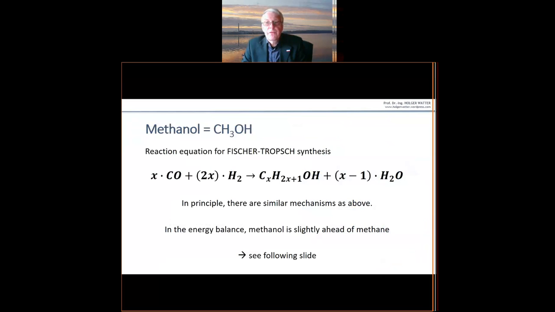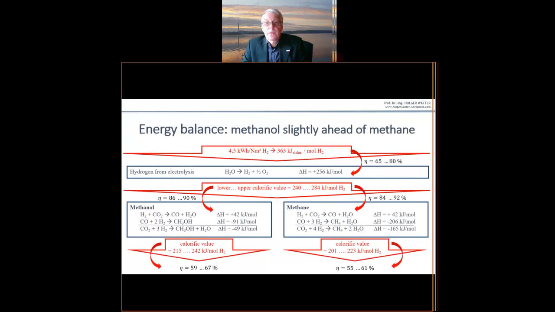Methanol reaction with Fischer-Tropsch synthesis delivers in principle a similar mechanism as above. In the energy balance, methanol is slightly ahead of methane. As a liquid fuel, however, it has a significantly higher energy density and thus shows logistic advantages, especially for ships.